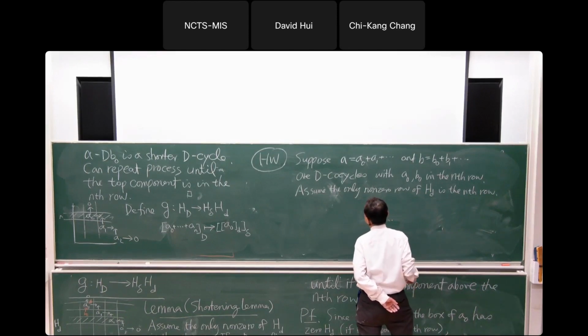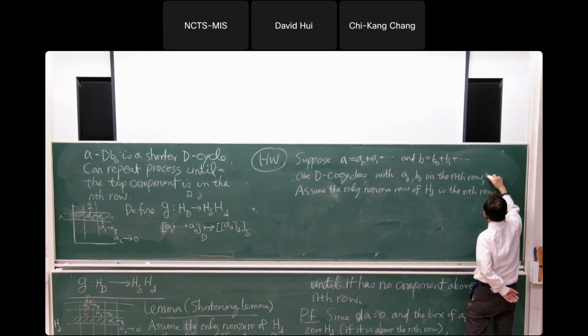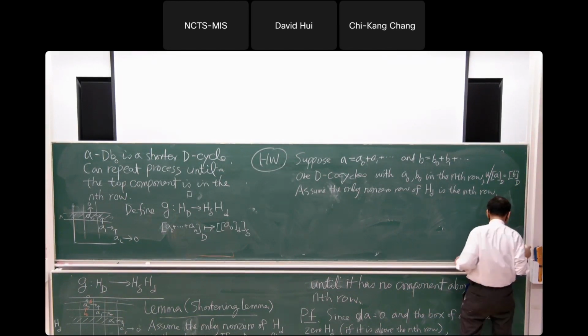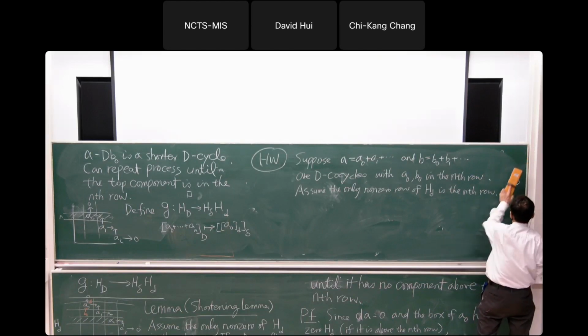Okay, we also need to assume that A and B define the same big D cohomology class. Maybe I'll just put it here.